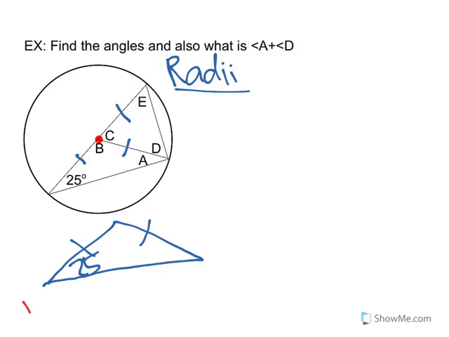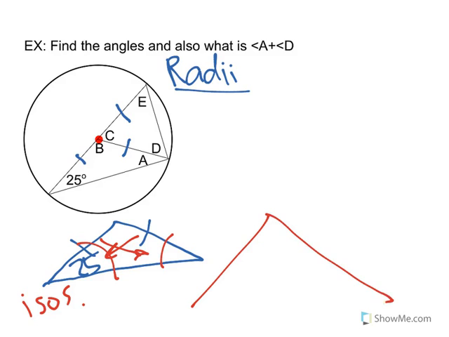It is an isosceles triangle, which means that the angles across from your congruent sides are your base angles. So down here is 25. Our other base angle has to be 25.